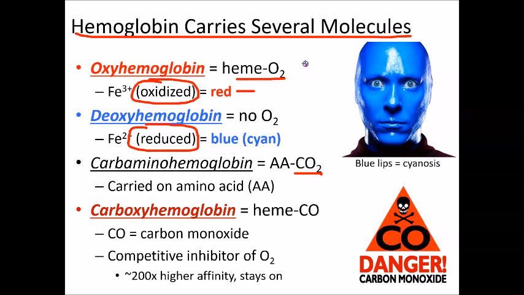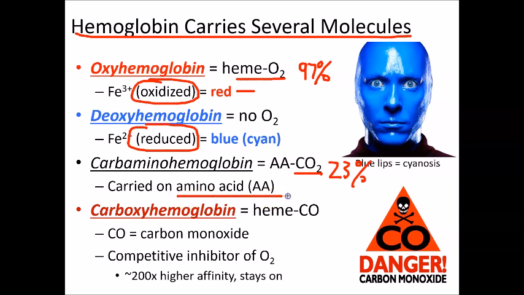While hemoglobin carries about 97% of our oxygen, it only carries about 23% of our CO2. So it still carries CO2. Now, what's interesting is, unlike oxygen that is carried on the heme portion, the carbon dioxide, CO2, is not carried on the heme portion.